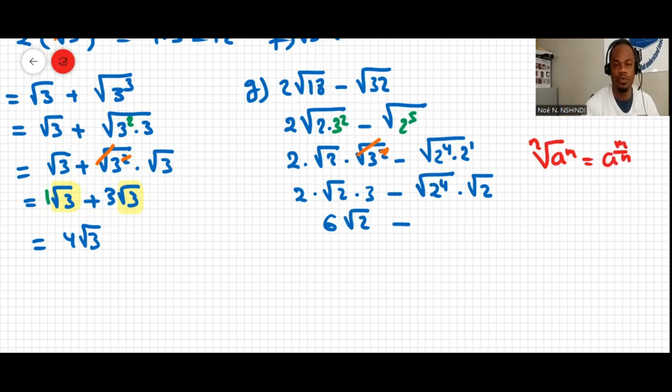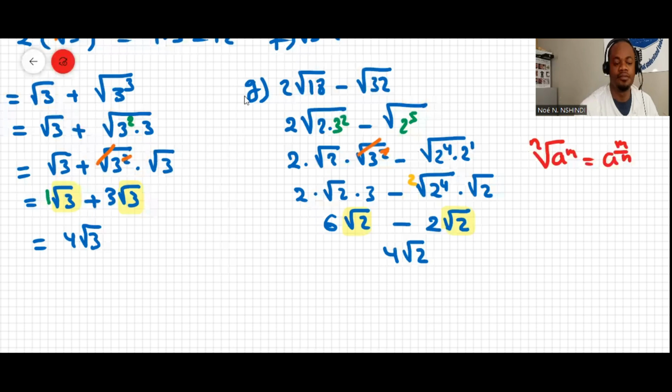So we do 2 to the power 4 over 2. When we don't see any index here, understand it's just 2. It's like 4 divided by 2, which is 2. So that makes 2 multiplied by 2, 2 multiplied by square root of 2. Now, the whole thing has square root of 2, so we can just combine 6 minus 2, which is 4, and the answer is 4 square root of 2.